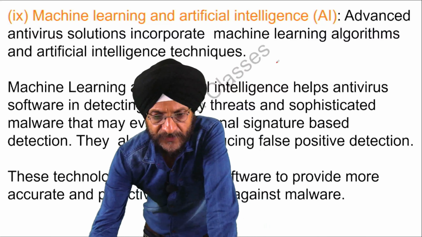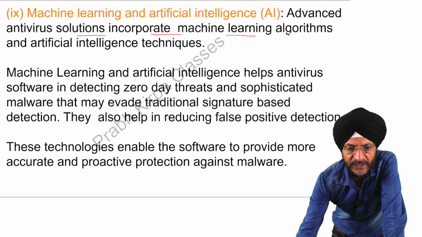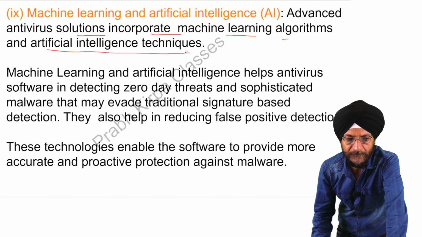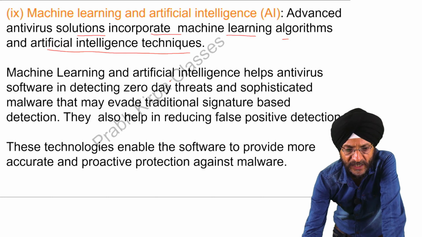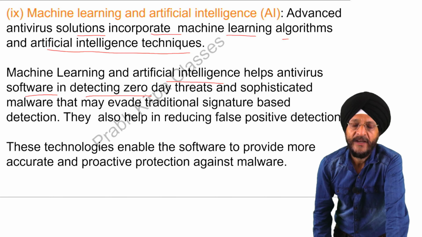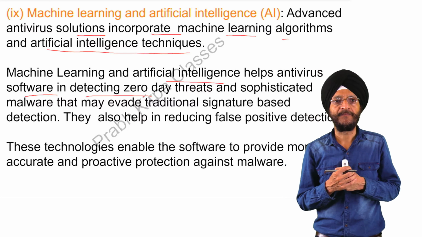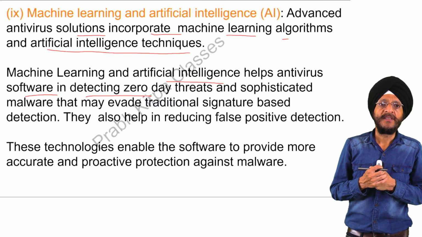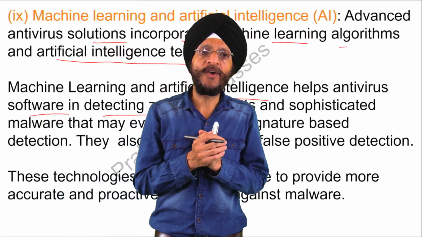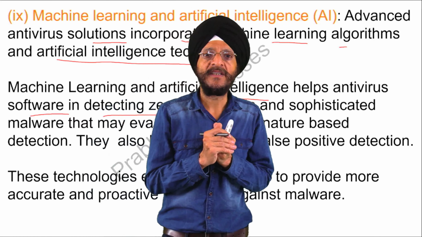Now, the advanced antivirus solutions incorporate machine learning algorithms and artificial intelligence techniques. Machine learning and artificial intelligence help the antivirus software in detecting zero-day threats and sophisticated malware, because the zero-day threats and the complex malware may not be detected by the traditional signature-based detection.